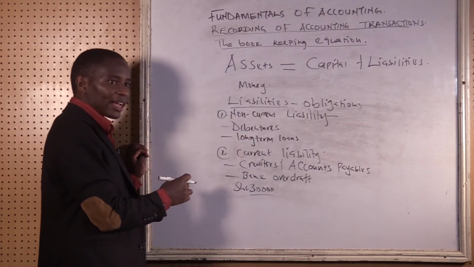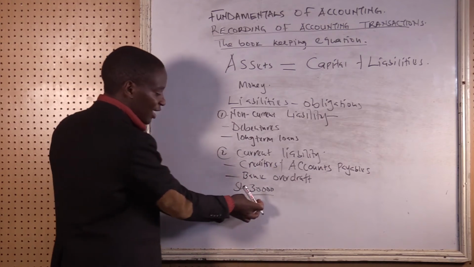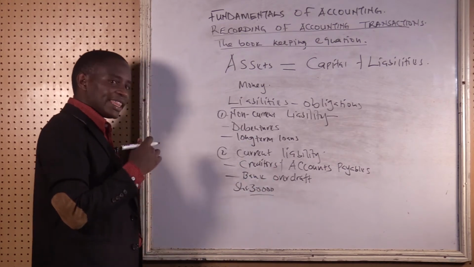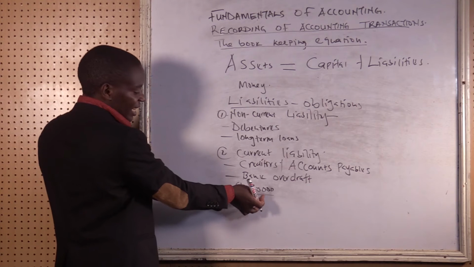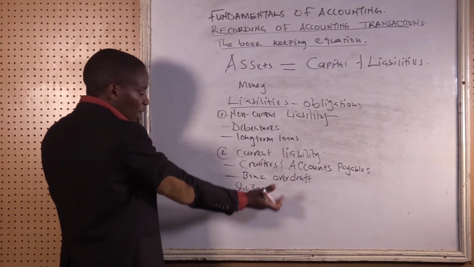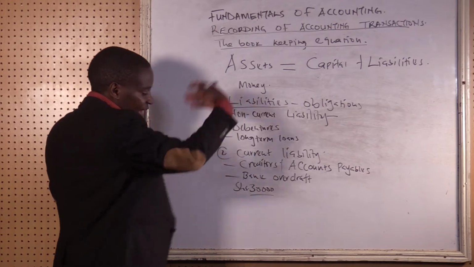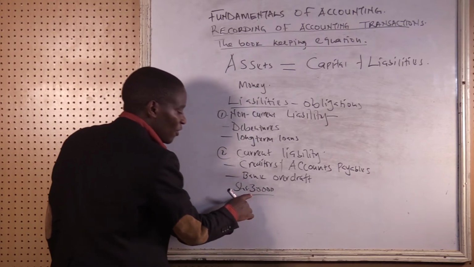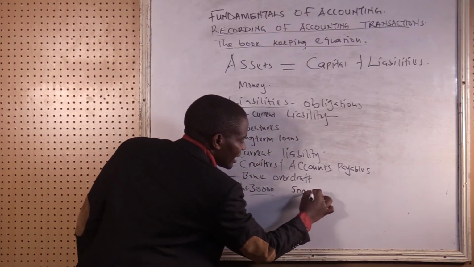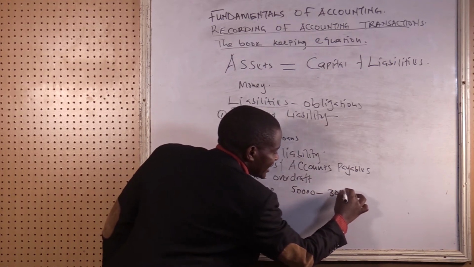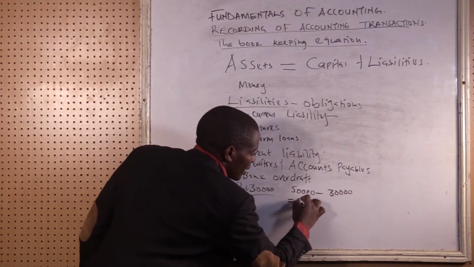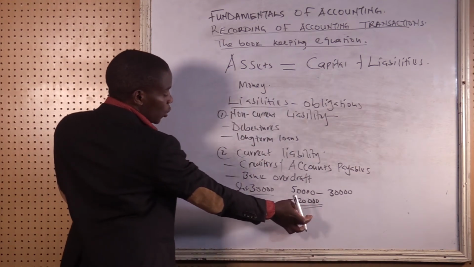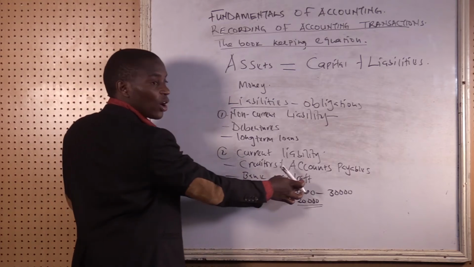He can approach the bank and request the bank to give him the 50,000 which he requires, and then the bank will take the excess that the person had withdrawn. The excess in this case will be 50,000 minus 30,000, which gives us 20,000. The 20,000 that we get here is what we are referring to as bank overdraft.